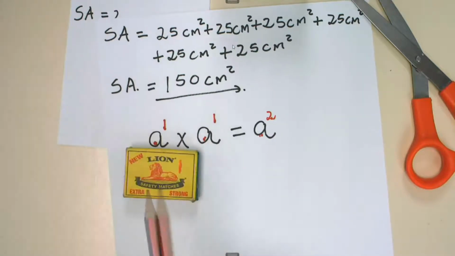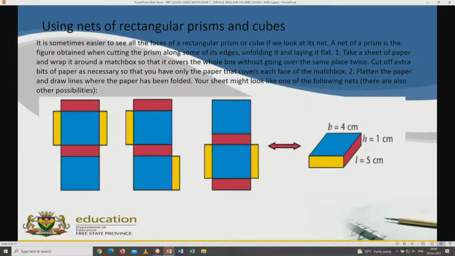All right. Now, here it is said, take a sheet of paper and wrap it around a matchbox. We're not going to do this one because at least you have an idea as to how to make a net of a cube. Then we can do this at a later stage.